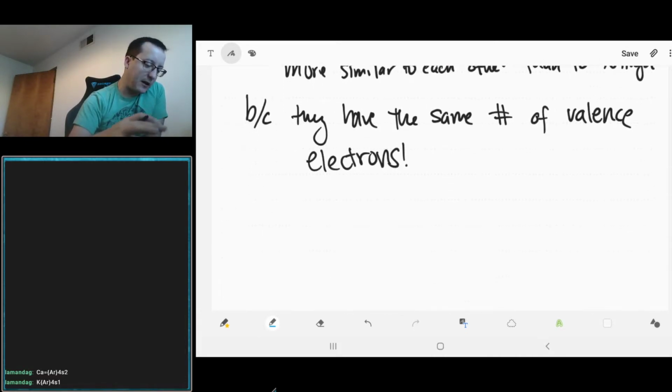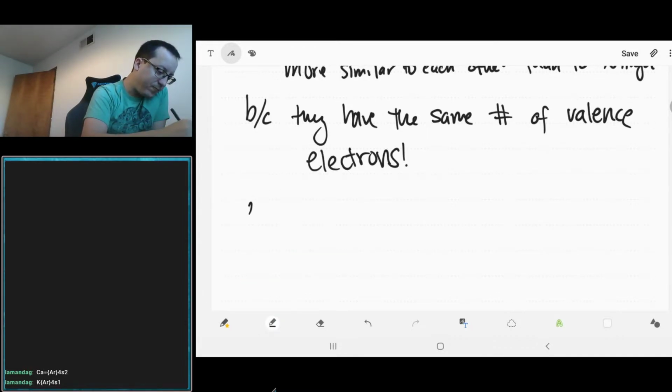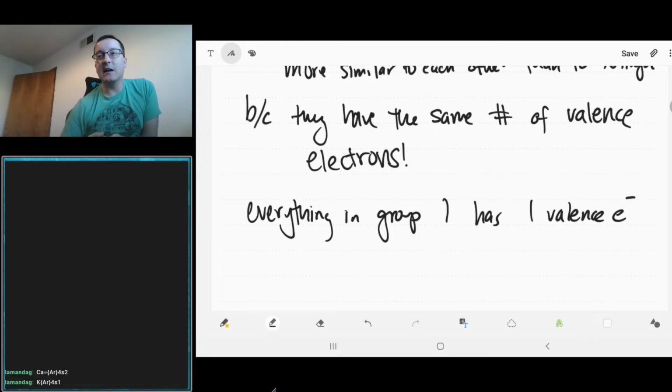Notice that everything in group 1 has 1 valence electron.